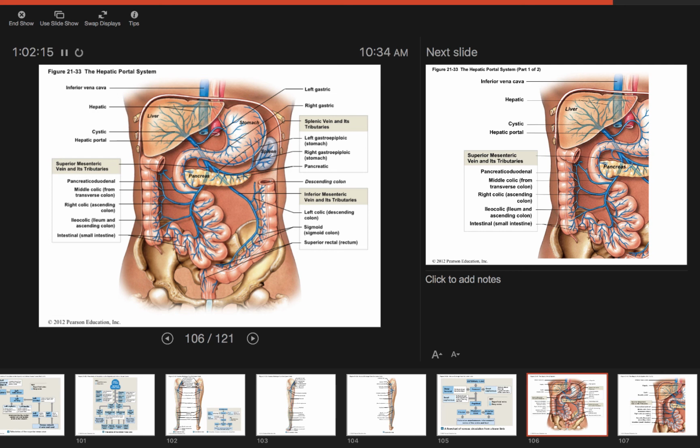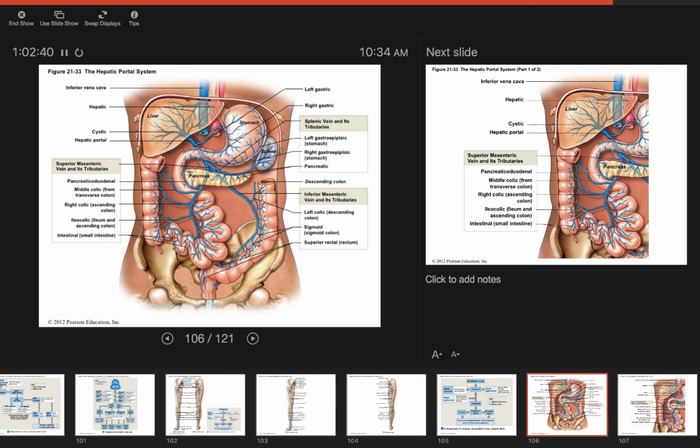Because when you eat, and all the nutrients are being absorbed from your intestines, they get absorbed into the blood, into the superior mesenteric as well as the inferior mesenteric veins. They join together and take those nutrients to the liver. So the liver has the first pass. The liver can decide what to do with that.